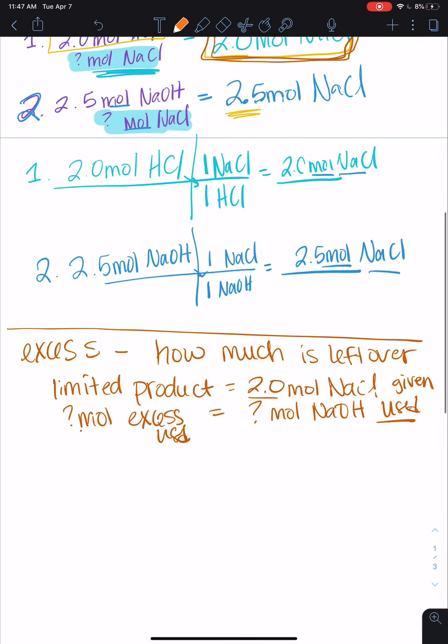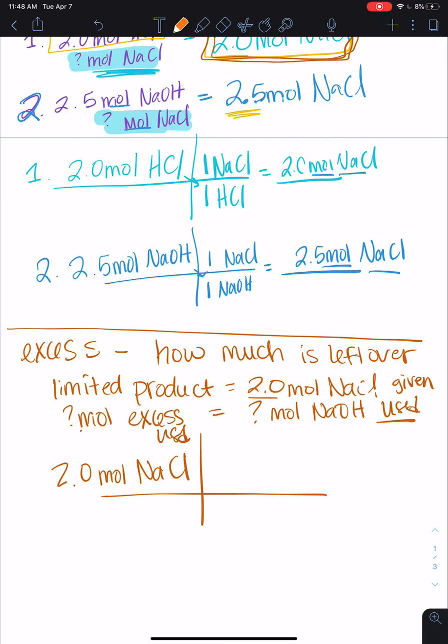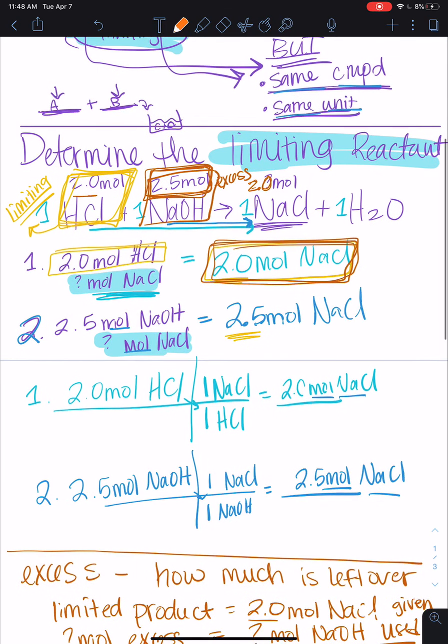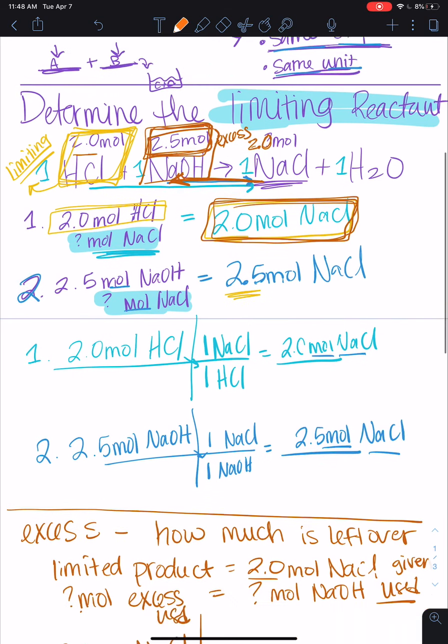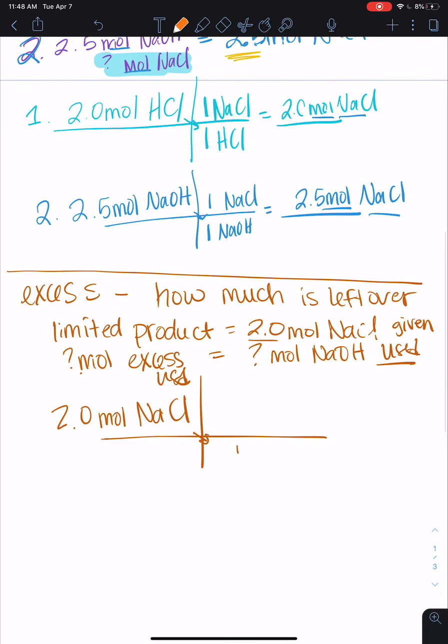I start with my given, 2.0 moles NaCl, and I want to know how many moles of NaOH. For a mole-to-mole conversion, I use the chemical equation, going backwards from NaCl to NaOH. The coefficients for both are 1, so I used 2.0 moles of NaOH. That's how much I used.